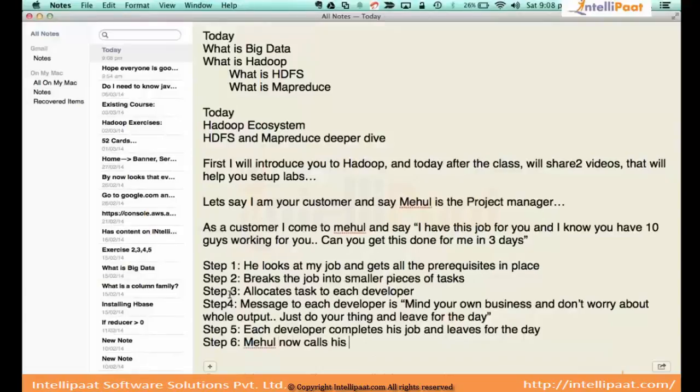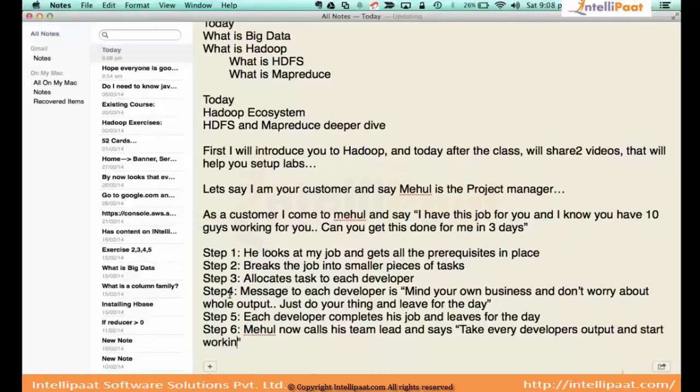Now Mehul calls his team lead and says, take every developer's output and start working towards an output.